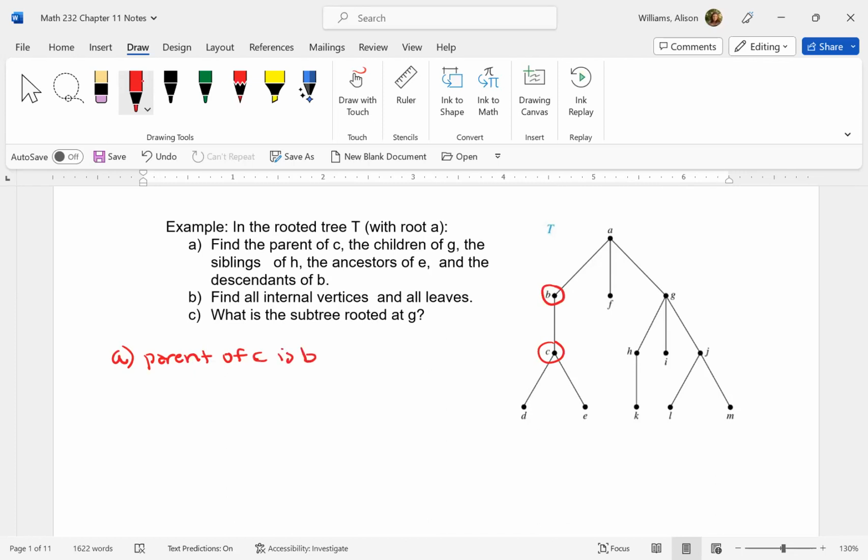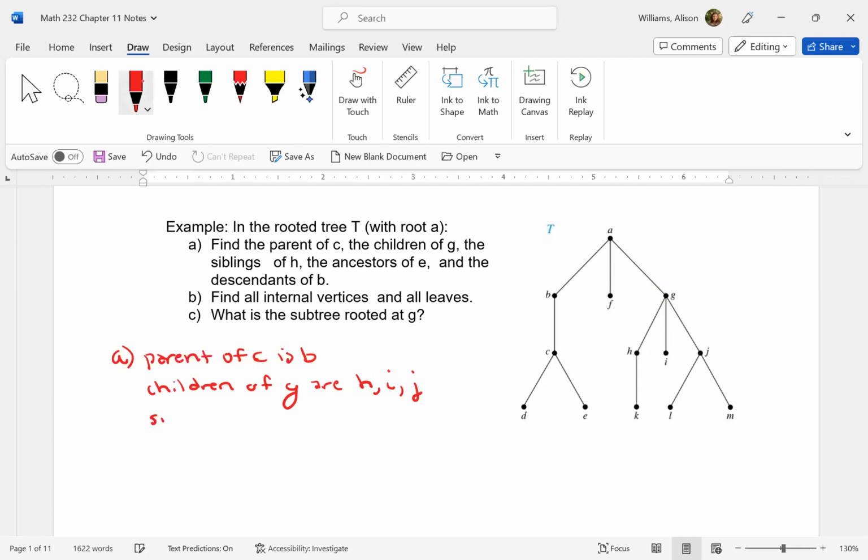Okay. Then we're going to look at children of G. So going to G, the children of G would be H, I, J. So all three of those would be children. Okay.